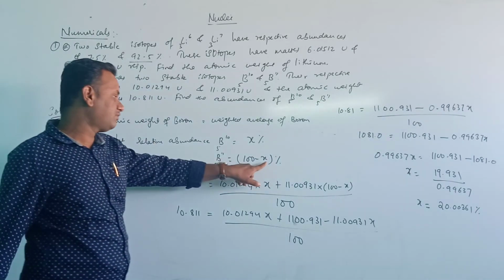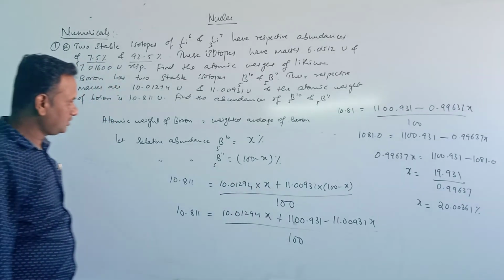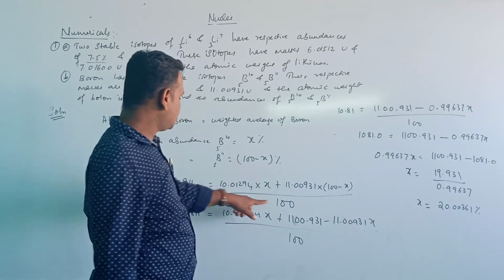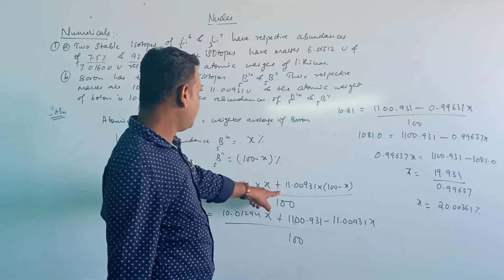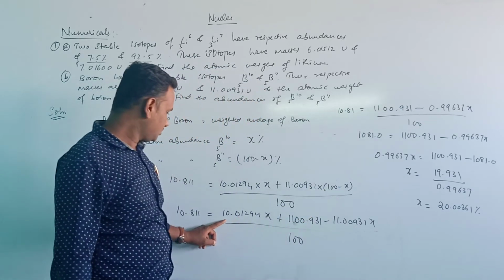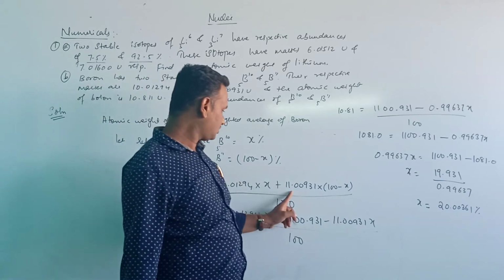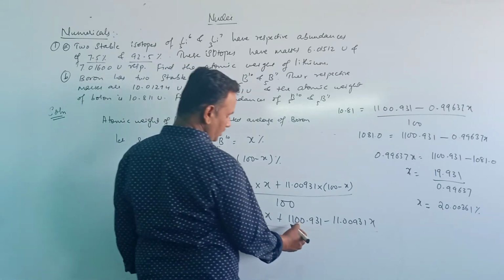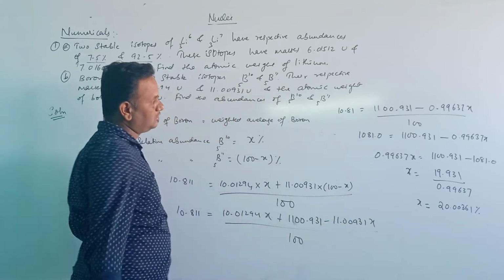Let us check once again. Dividing by 100, 10.01294 into x plus 11.00931 into 100 minus x gives 10.01294x plus 1100.931 minus 11.00931x, divided by 100.